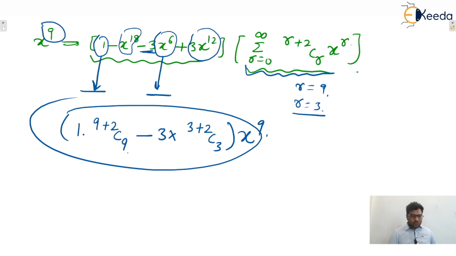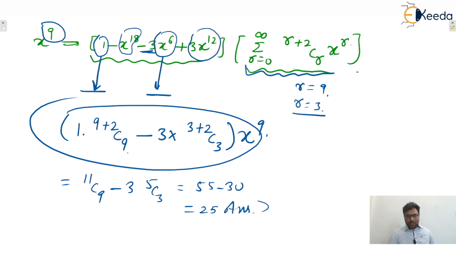Yes or no? So solving this is going to be 11C9 minus 3 into 5C3, so we can say that is 55 minus 30, so 25. That is your correct answer. I hope this one is clear to everyone, isn't it? Okay.